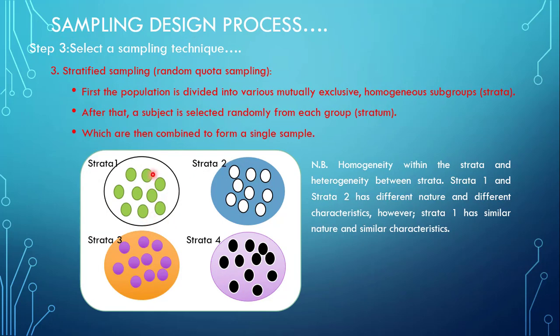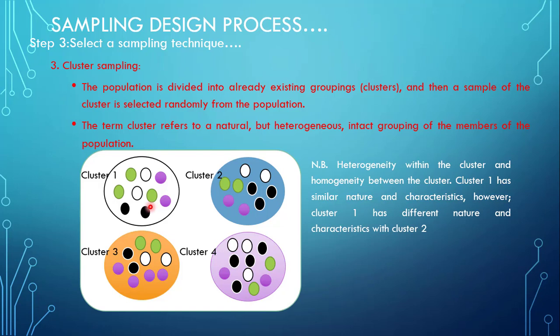But in stratified sampling, after dividing the population into strata, you are going to pick a sample from each strata. But in cluster sampling, after dividing the population into clusters, you are going to pick one or two clusters based on your sample. So these are the sampling techniques in the probability sampling approach.